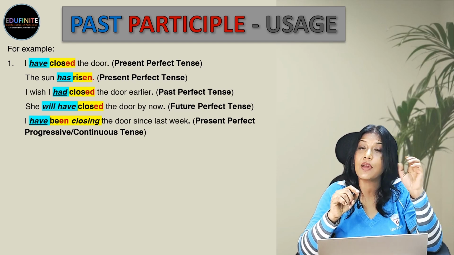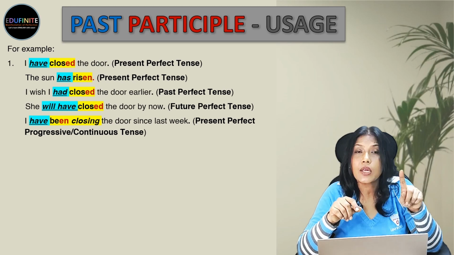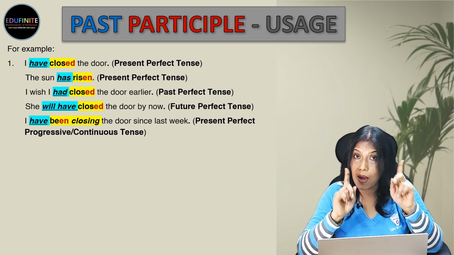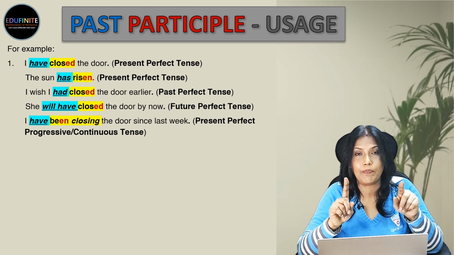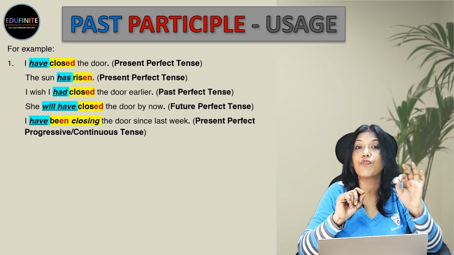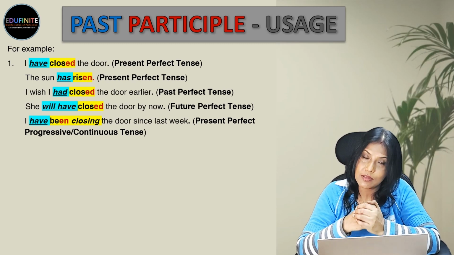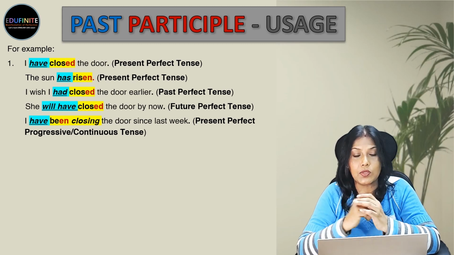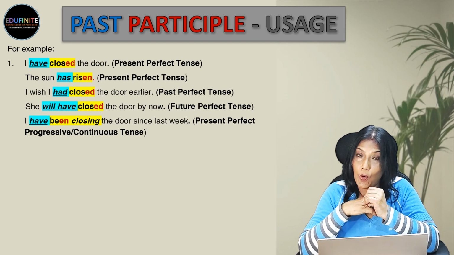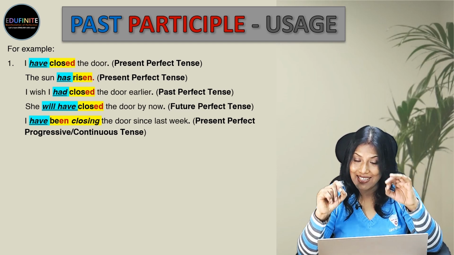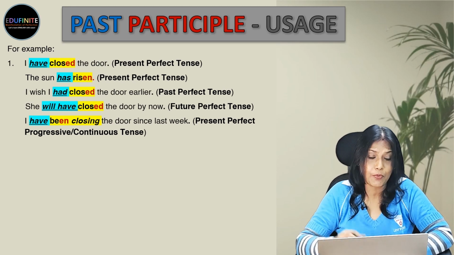And of course, we have to have the auxiliary too. So here the auxiliary is have and the past participle is been. It is the past participle of the verb be. And of course, closing is the present participle of the verb close. So this is how we form the present perfect continuous tense or present perfect progressive tense.